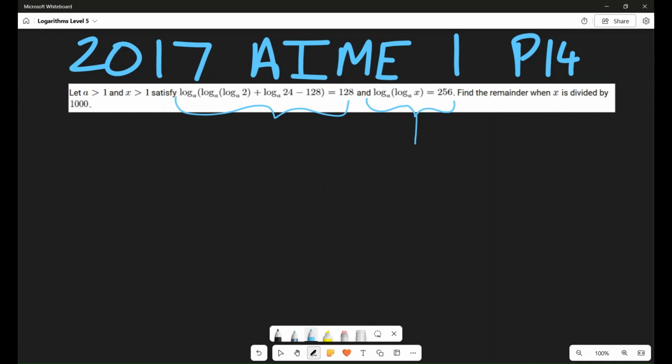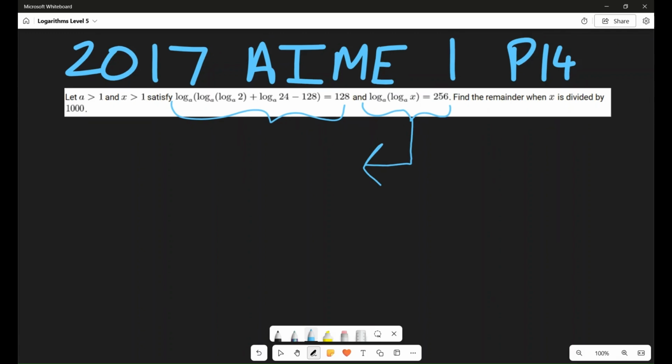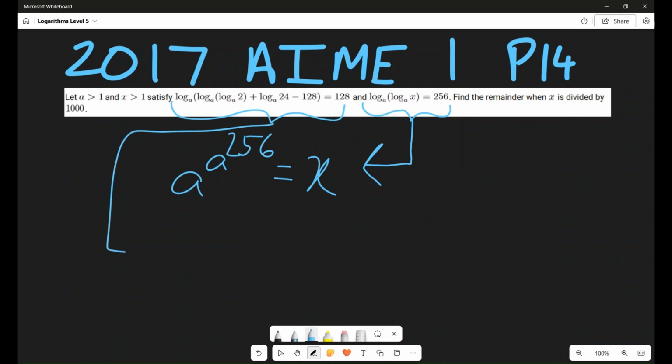So let's focus on this less hideous equation because obviously it's easier to work with. So when we convert this into exponential form, we get a to the power of 256 is equal to x. Now we can focus on this more hideous equation now.